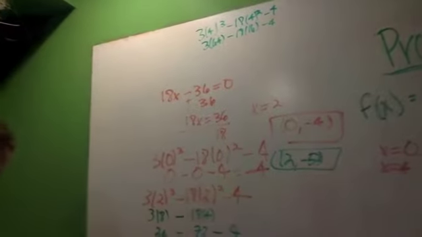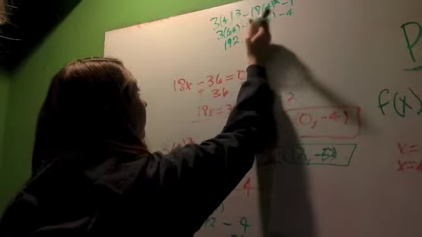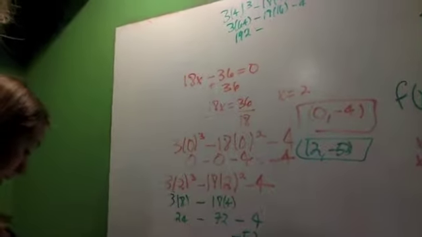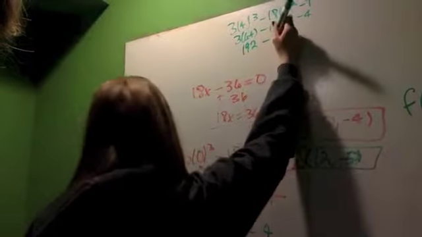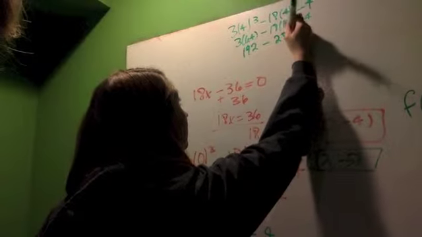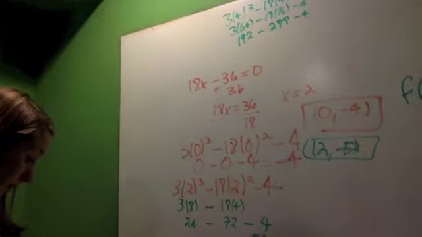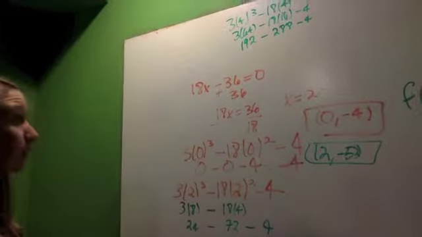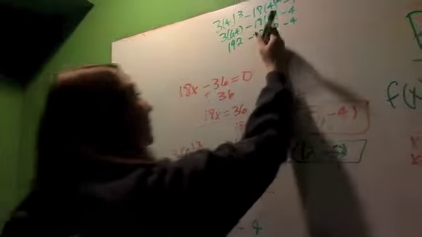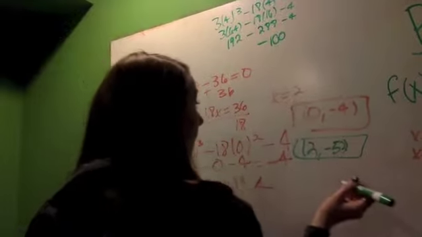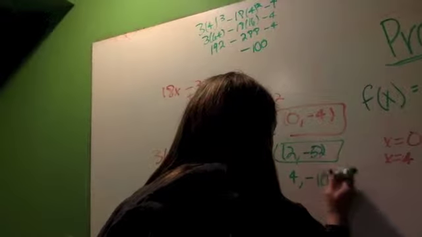So 3 times 64 is 192, minus 18 times 16, which is 288, minus 4. So 192 minus 288 minus 4 equals negative 100. So your last critical point will be 4, negative 100.